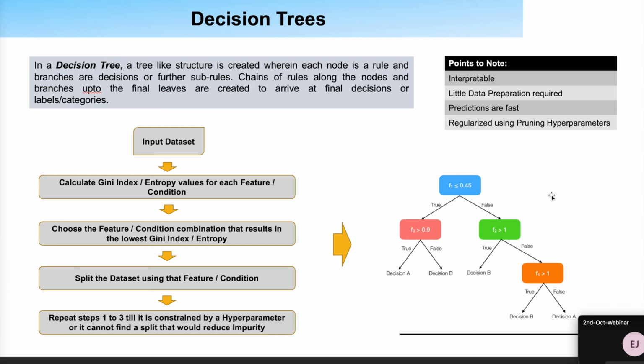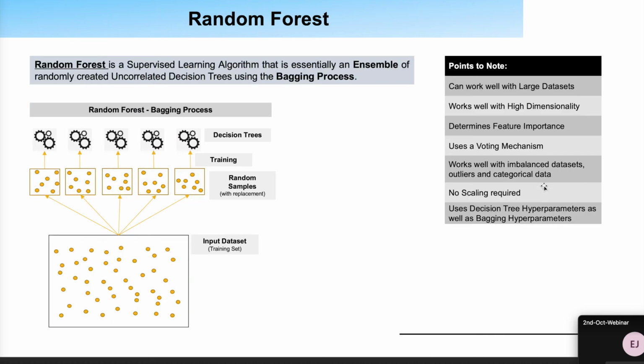Textual categorical data need not be converted into numeric values. So its versatility also lies in the kind of data it can work with. And the overfitting problem can be fixed by using a pruning or regularization hyperparameter. So we will see that in our decision tree session.